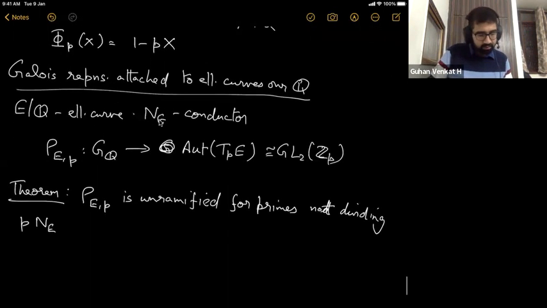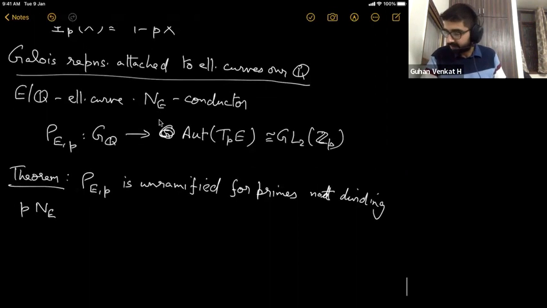So if ℓ is a prime that does not divide p or any of the primes dividing the conductor, then the image of the inertia group at ℓ will be trivial for this Galois representation. So this is the first part.